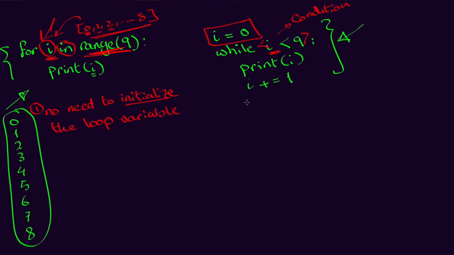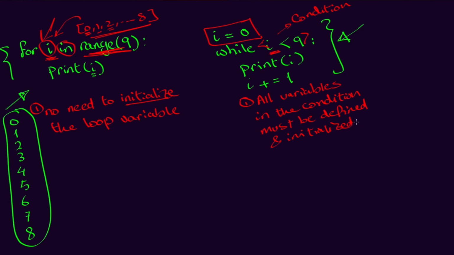So in this case, all variables in the condition must be defined and initialized. So that's the first difference between a for loop and a while loop, and one reason why a for loop is generally shorter than a while loop that is doing the same thing.